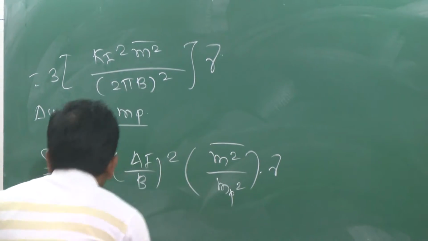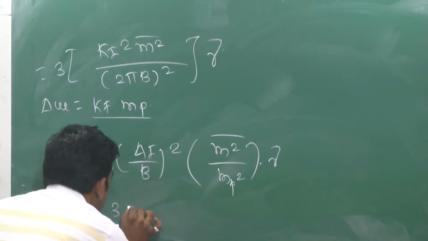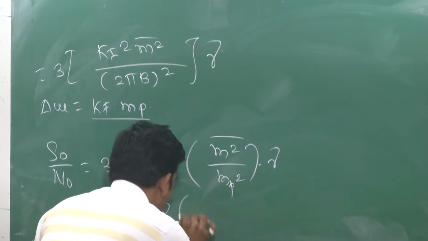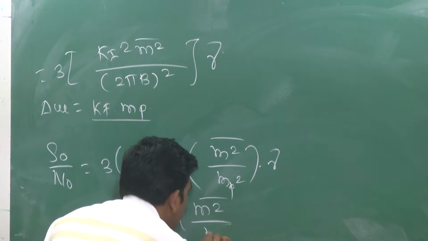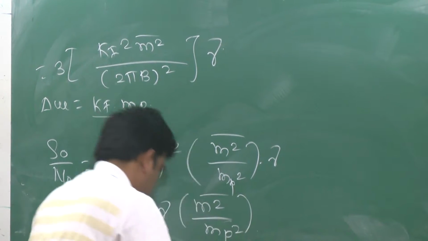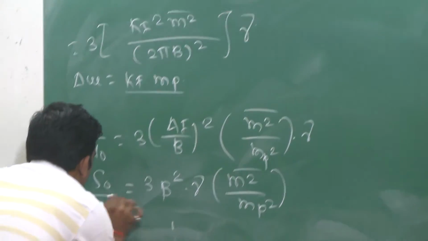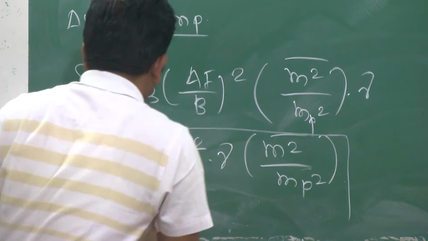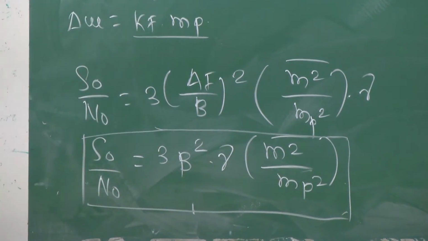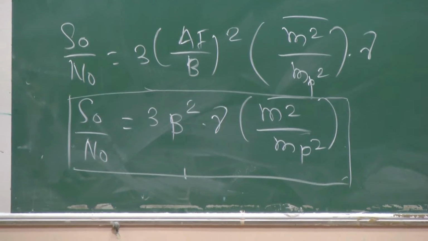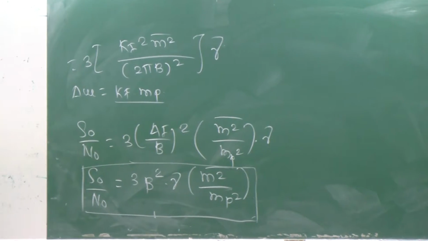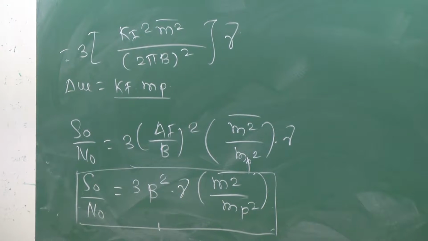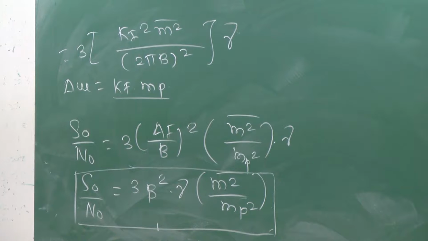So this is equal to 3 beta square into gamma m square bar. This is the output signal to noise ratio for FM, where we have to consider noise as AWGN.